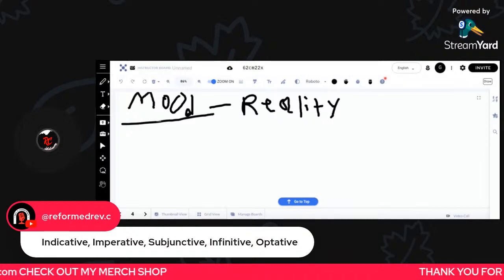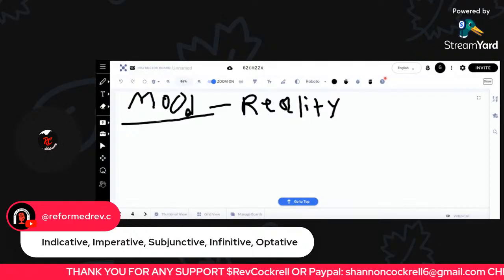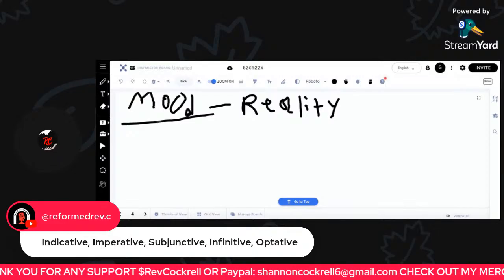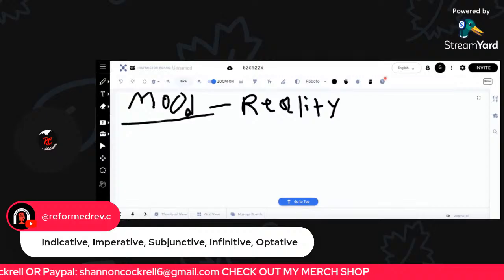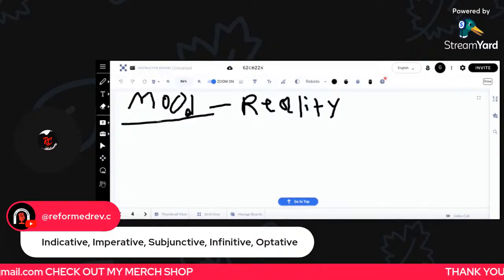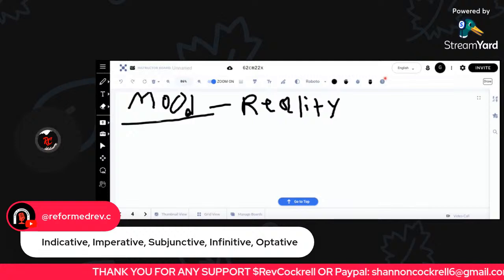Infinitive is a verbal idea, and it's not really limited to person or number. So to go, to run, things like that. And then the optative is a request or a wish, a prayer.